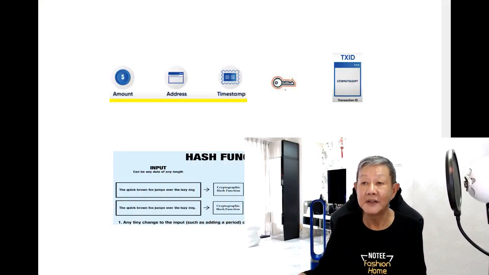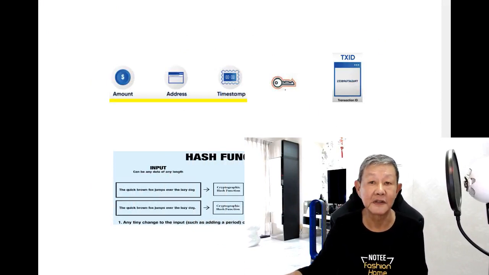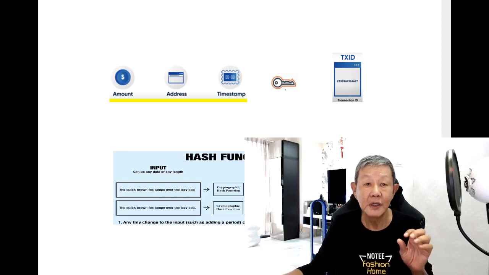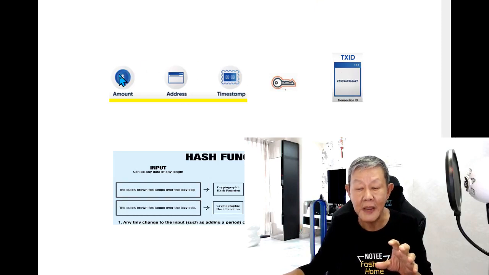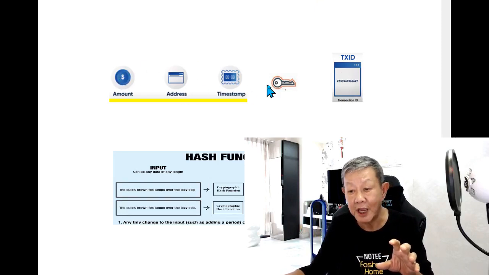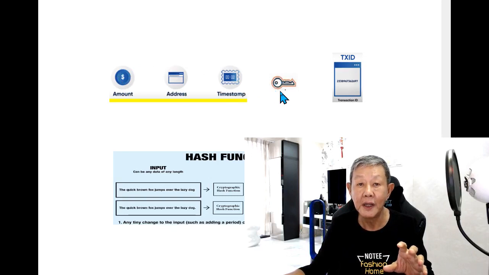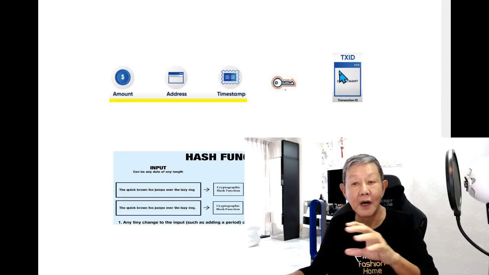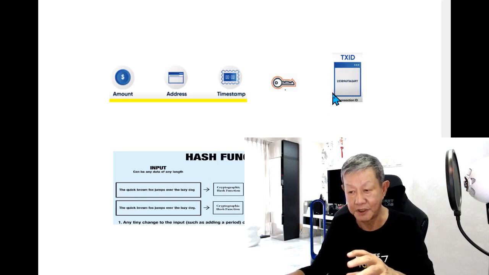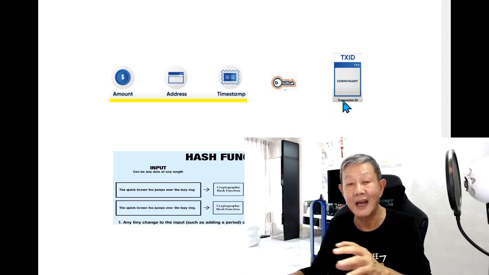Okay, let's understand the first part. So you see here, every node has run the input through the hashing to come up with a result, which is in this case a transaction ID.